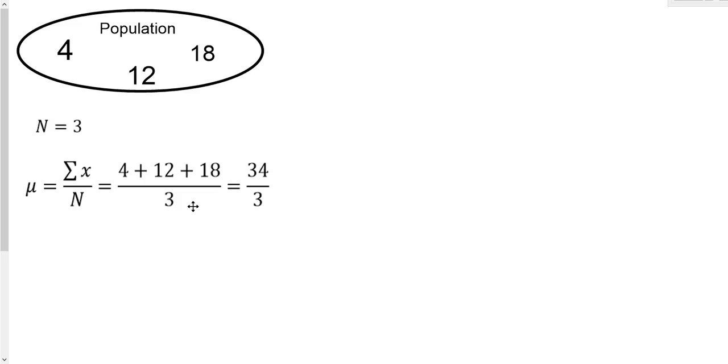The arithmetic mean is going to be 11 and a third, or 34 over 3. That's the average amount of time that my workers have been with me. It's exactly 11.3 repeating. So 11 and a third years is the average amount of time that people have been with my company.